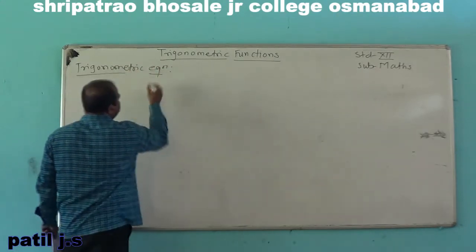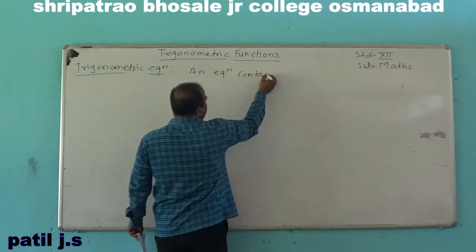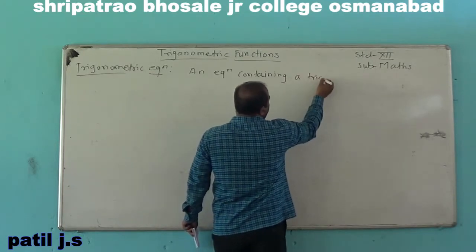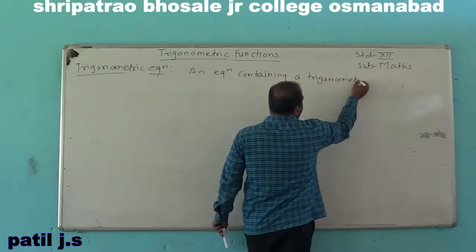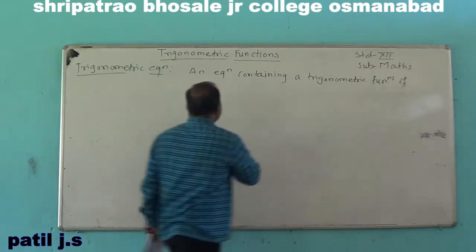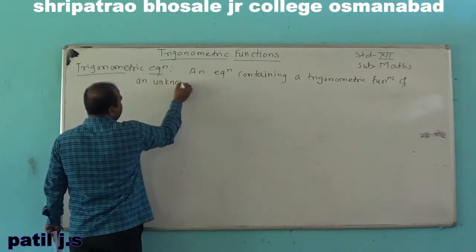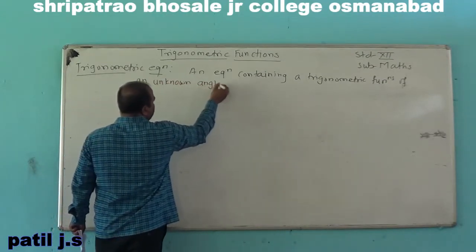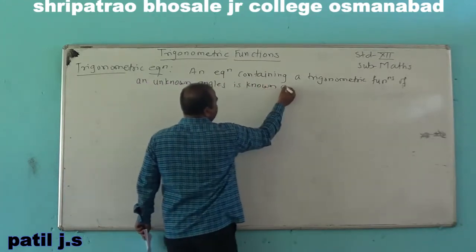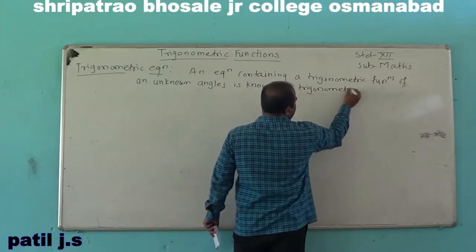First, the definition: an equation containing trigonometric functions of an unknown angle is known as a trigonometric equation.